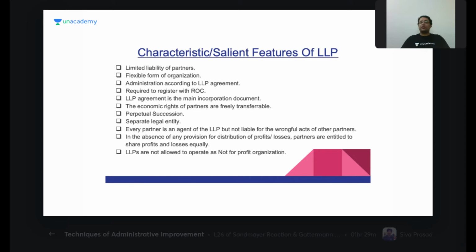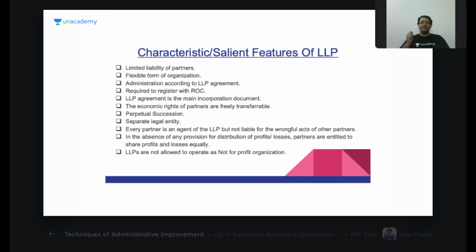Whereas in the case of an LLP, the LLP agreement is a document of utmost importance, as it contains everything about the internal and external management of the limited liability partnership. The partners are bound by the LLP agreement because they sign it, and they also sign a verification declaration saying that they have read all the matters mentioned in the agreement, that whatever is given there is true, and that if anything is false they will be liable.